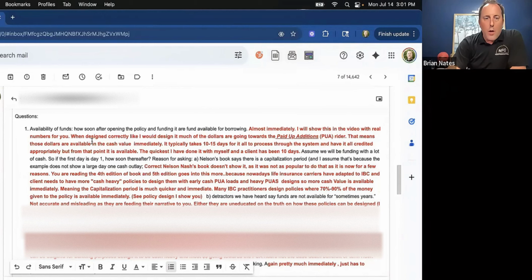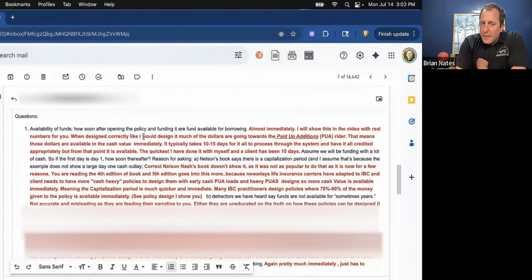But when you design this correctly, like I would, much of the dollars are going towards the paid up additions. That means those dollars are actually available for cash immediately. And when I say immediately, it's going to take 10 to 15 days for it to process through the system, for them to make sure the funds clear, right? But it's all credited immediately, and it's available right away.